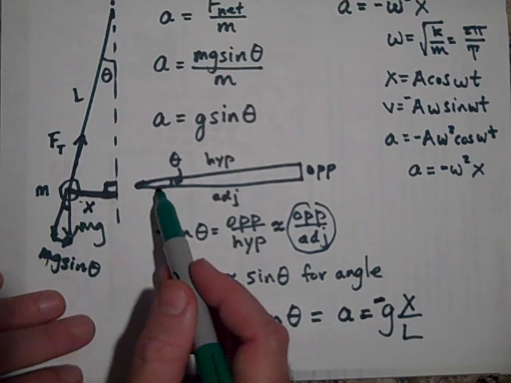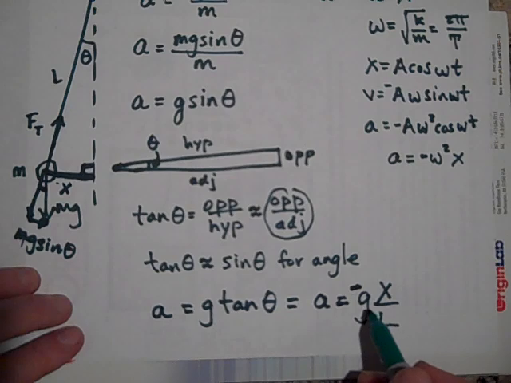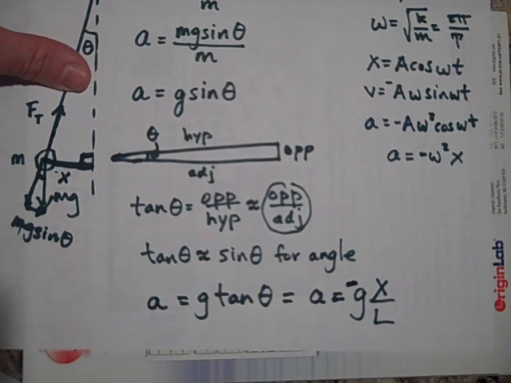And when x is positive, A is the reverse. So I'm tacking on that negative sign. Okay, so it's negative gx over L. That's what A is. We're almost home here.